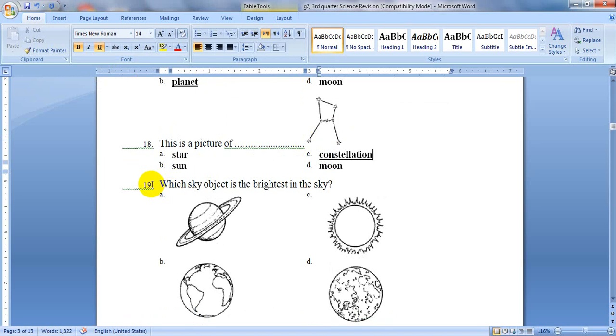Question number 19. Which sky object is the brightest in the sky? Which one is shiny? Which one is giving off its own light? Is it a planet, Earth, the sun, or the moon?